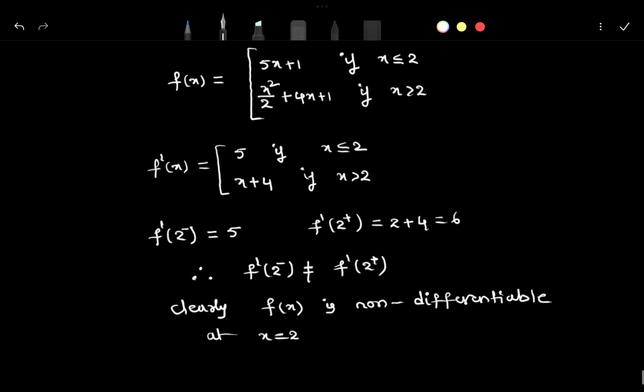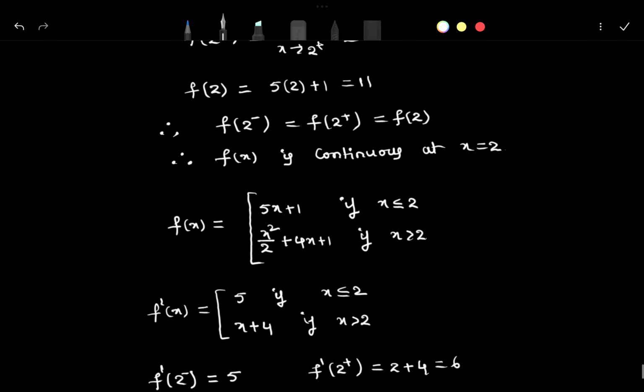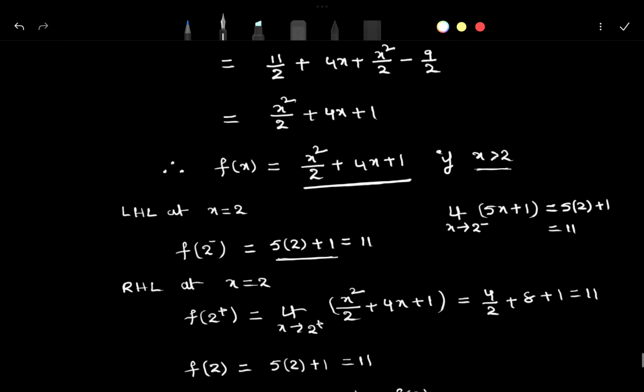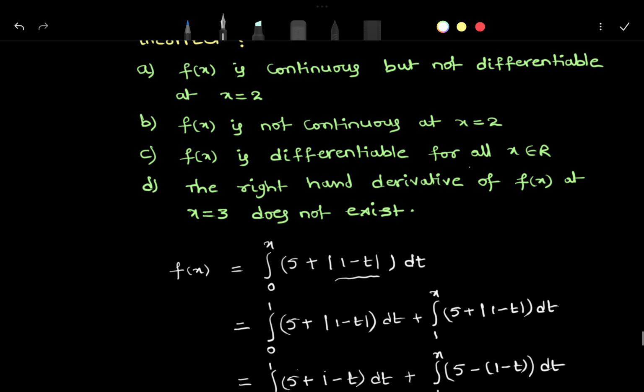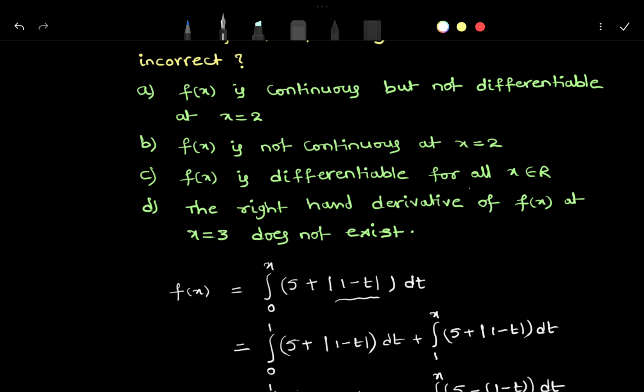So now according to the given options, what are the given options? The first option is that f of x is continuous but not differentiable at x equals 2. So this is a correct statement.